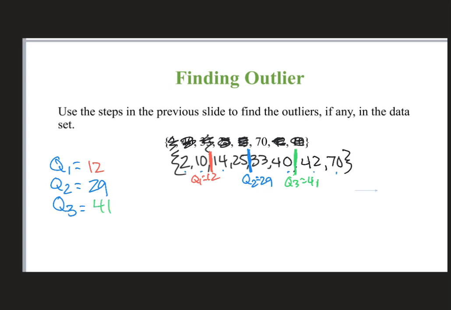Now for interquartile range, remember it says take your Q3 minus Q1. So I have 41 minus 12, which is 29. You're going to take that number and multiply it by 1.5, which is 43.5.